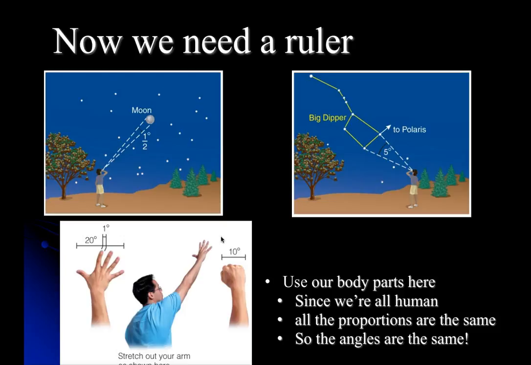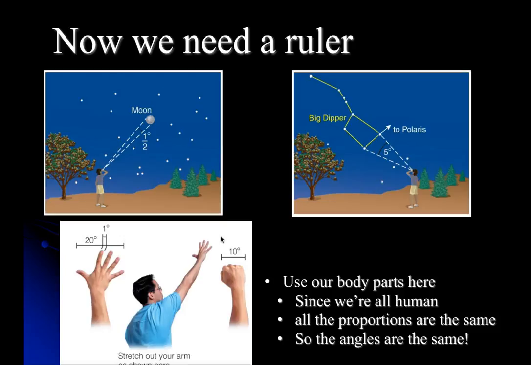Now, if you're at a star party, how would you do this? Well, one of the things you could do is make the connection and use degrees. And as the lower left-hand corner says, use your body parts, because we're all human and we all share this. It's called the pinky rule.